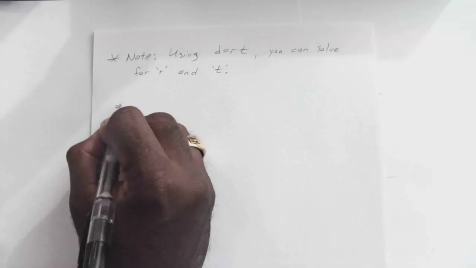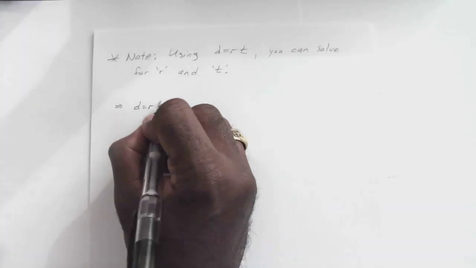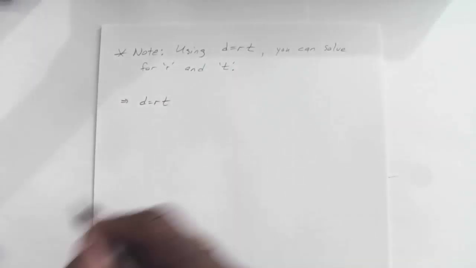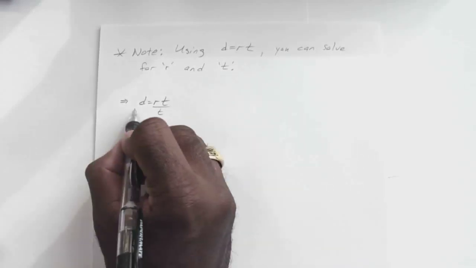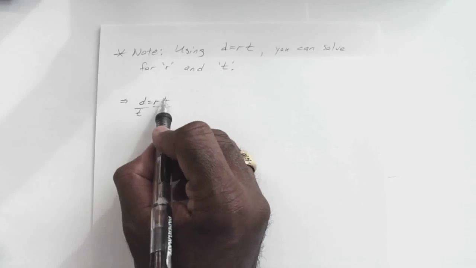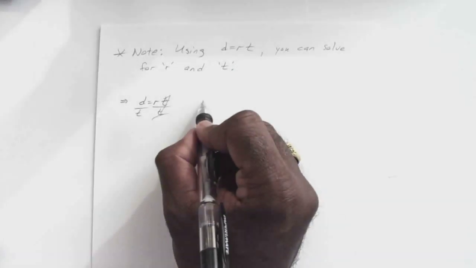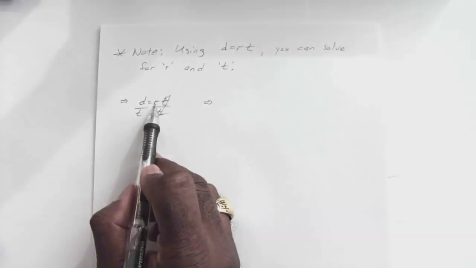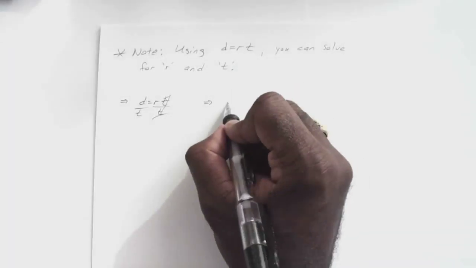Okay. So remember, if you have distance equals rate times time, and you divide both sides by t, anything divided by itself is just going to be 1. So you have r equals distance over time.